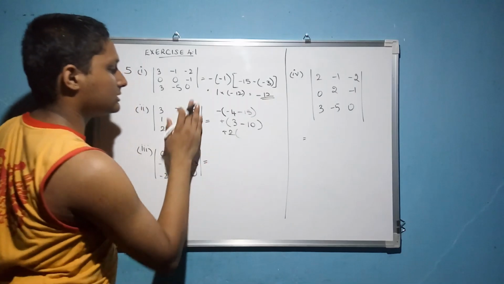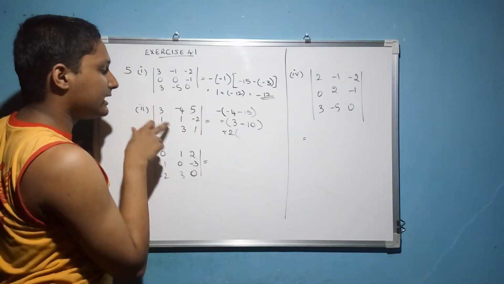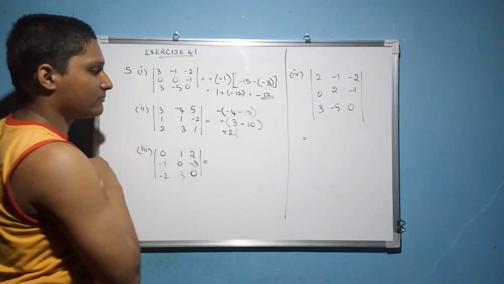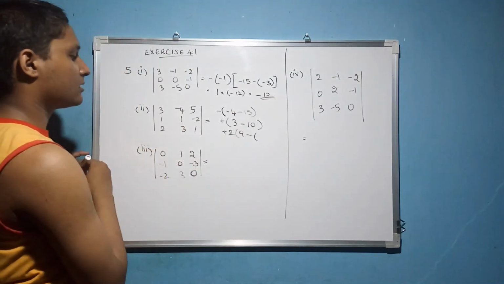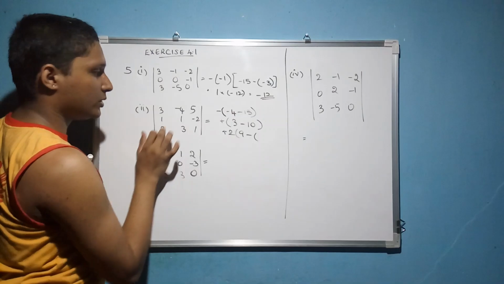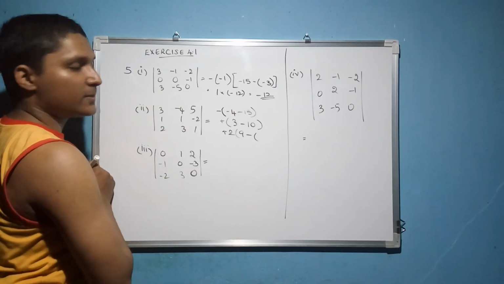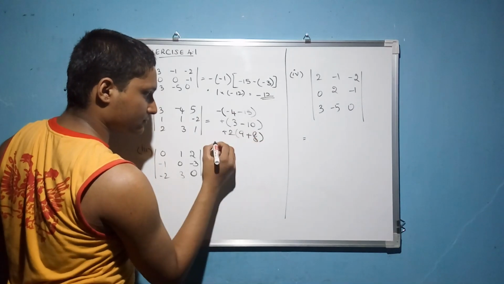Okay, that much we got. Now we need to remove the column and the row. What we are going to get is 3 into 3, that is 9, minus of 2 into minus 4. Since 2 into minus 4 is there, it is going to be minus 8. So minus of minus 8 is going to be plus 8.